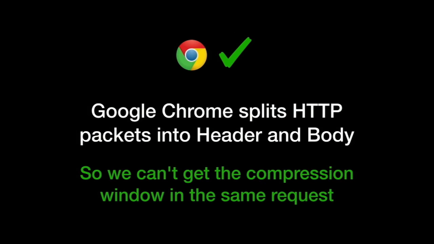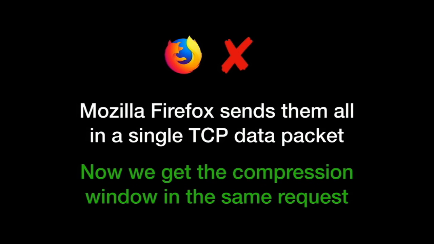So in Google Chrome, if you send an HTTP packet without any VPN, it will always split the request headers and the request body. If you send an HTTP POST, it splits them into two different HTTP application data packets. Unlike Firefox, which does the usual thing that is expected.